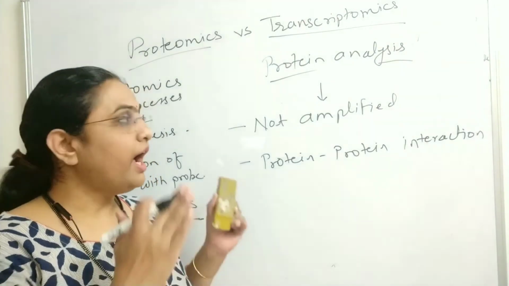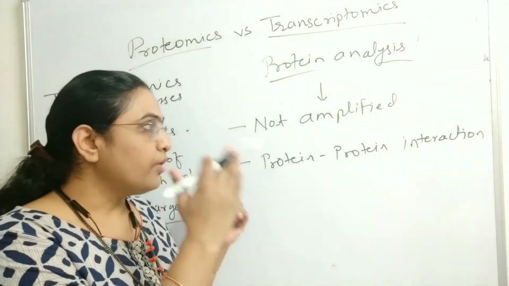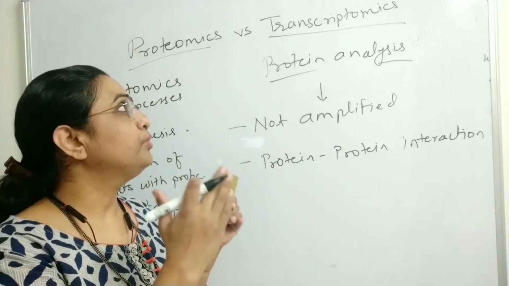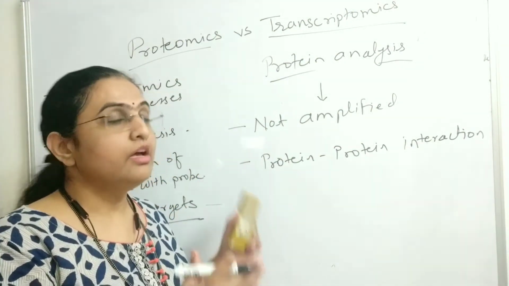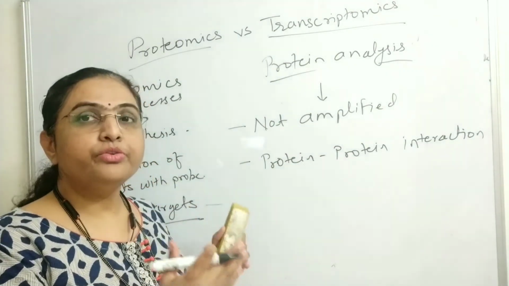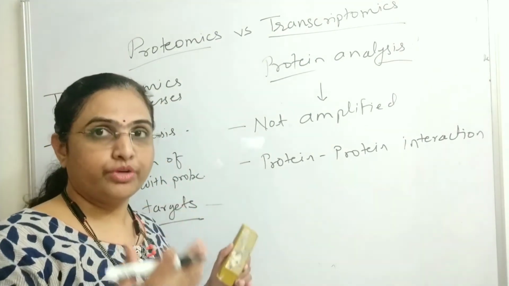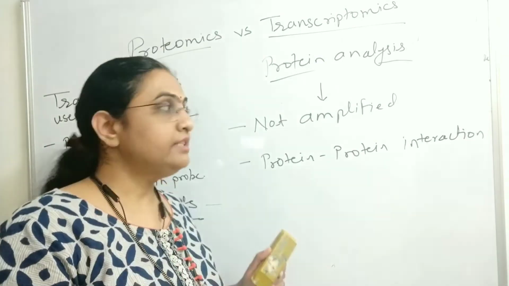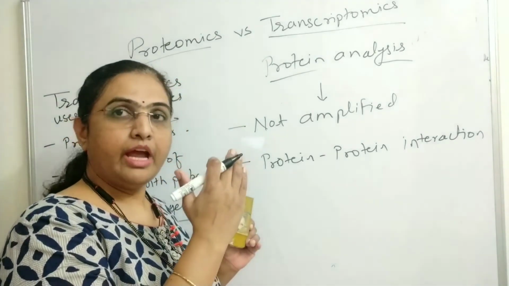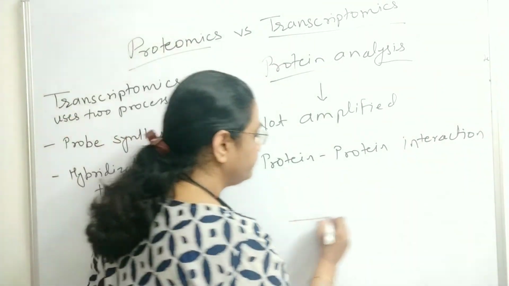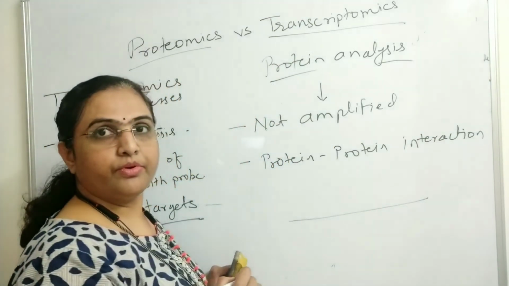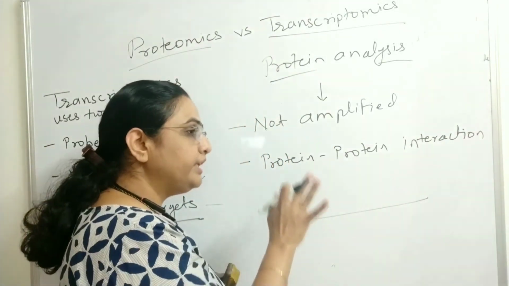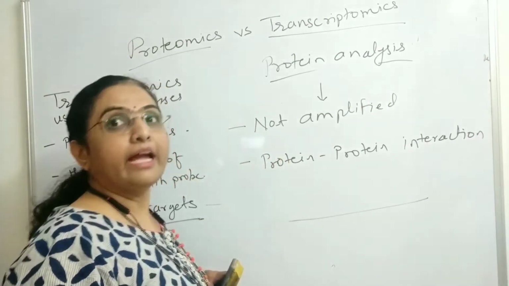And now, when you have to go for protein analysis, if you want to make arrays of those proteins, the protein arrays, on this chip you cannot detect all the proteins at one time.